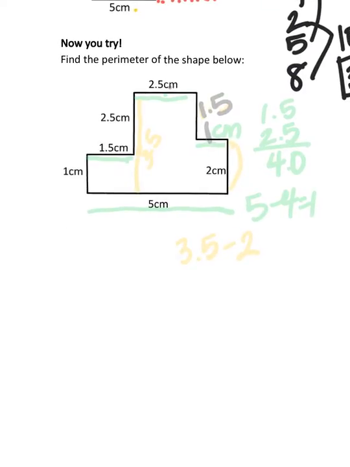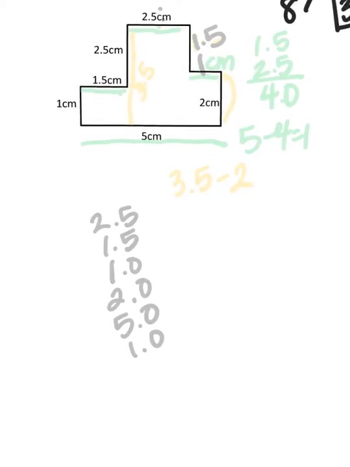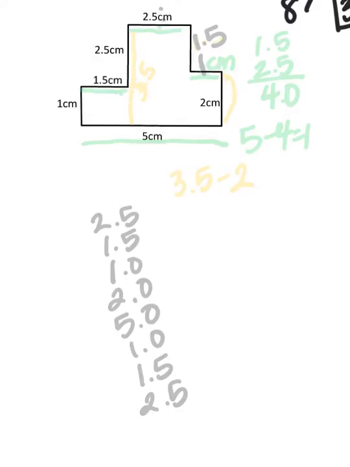Okay, so let's start from the top. We've got 2.5, 1.5, 1, 2, 5, 1, 1.5, and 2.5. So let's just double check that we've got those all taken care of.